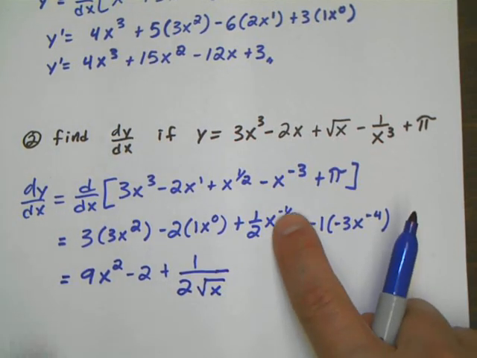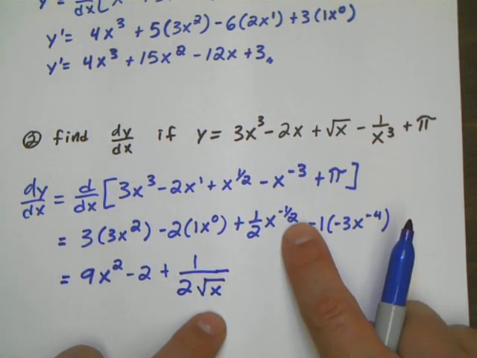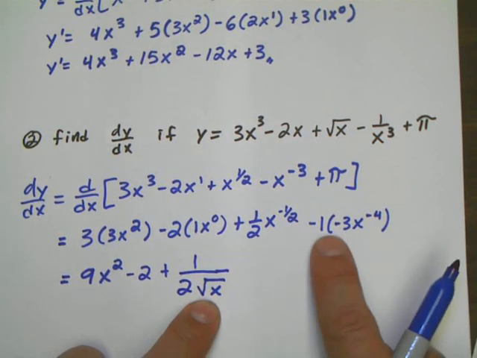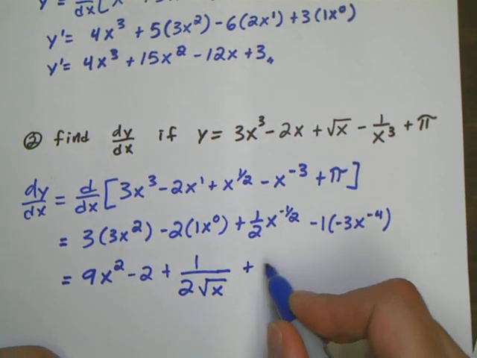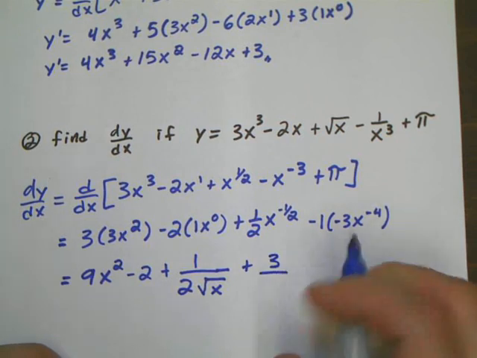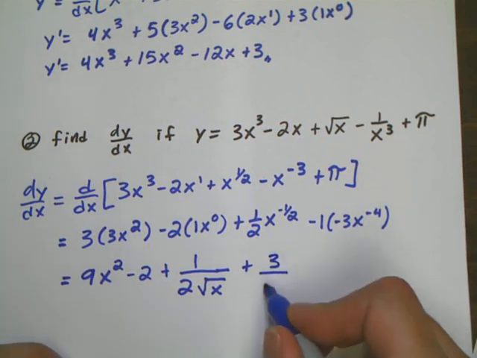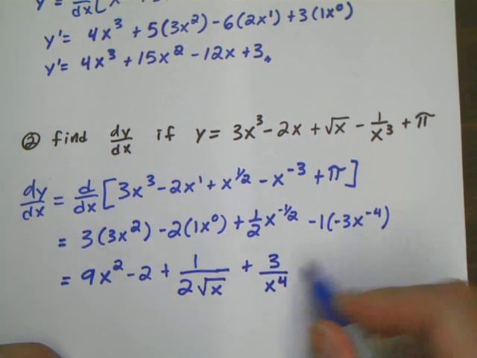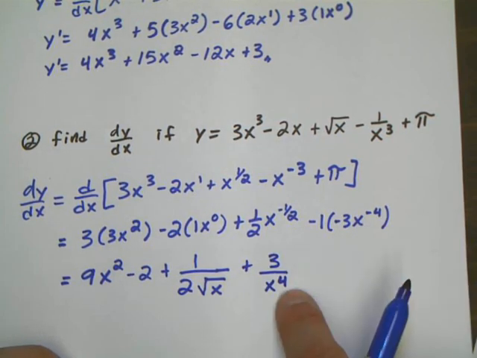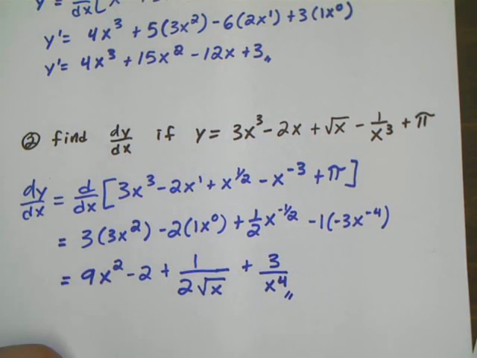So a negative exponent goes in the denominator, and to the 1/2 means a radical. And the last piece is multiplying, so 1 over 3, and this is going to be x to the 4th power, because it's a negative exponent, it's going to go in the denominator, and that's my derivative.